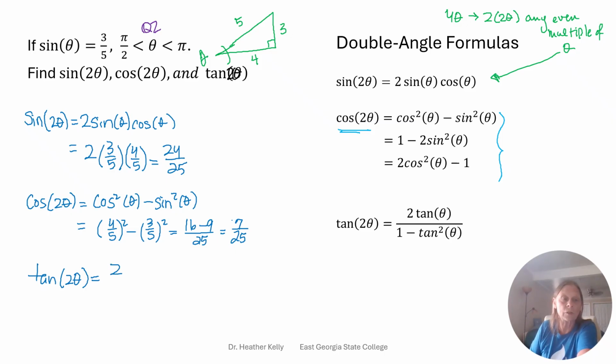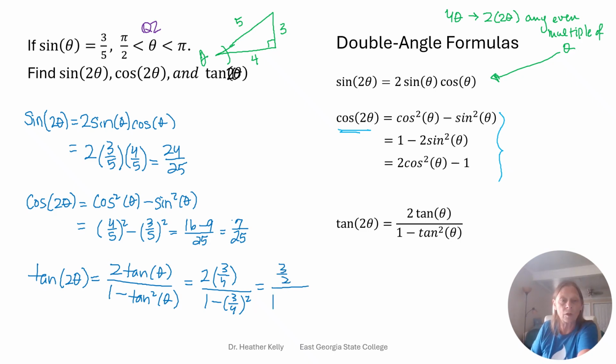Okay, and let's look at this tangent. So that's going to be 2 times the tangent of theta over 1 minus the tan squared of theta. So when I plug that in, I'm going to have 2 times our tangent of theta, which is 3/4, over 1 minus 3/4 squared. Let's go ahead and keep on working that out. So this is 3/2 on top over 1 minus 9/16.